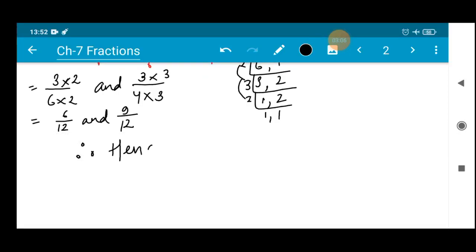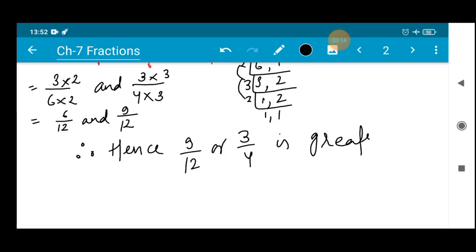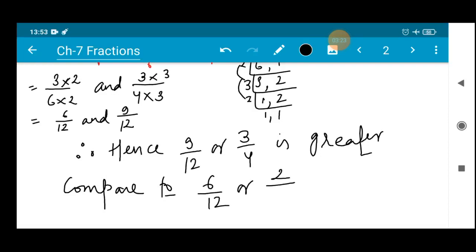Hence 9 by 12 or 3 by 4 is greater compared to 6 by 12 or 3 by 6.